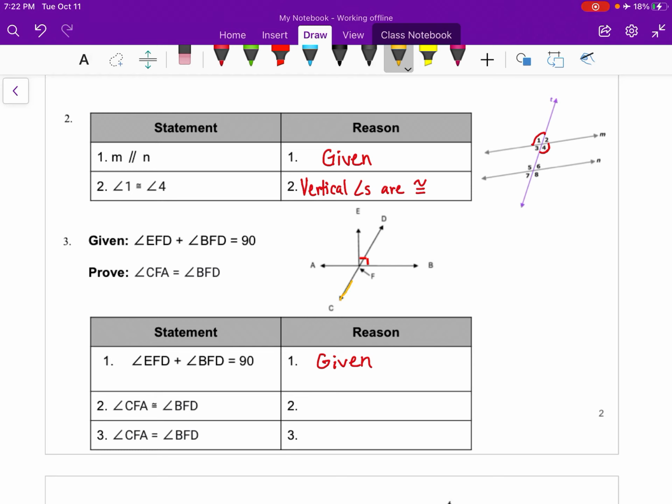We're going to identify angle CFA, this angle, and we're going to identify angle BFD, this angle, on our diagram. Notice how, once again, these are 2 vertical angles. So our reason for statement number 2 is that vertical angles are congruent.